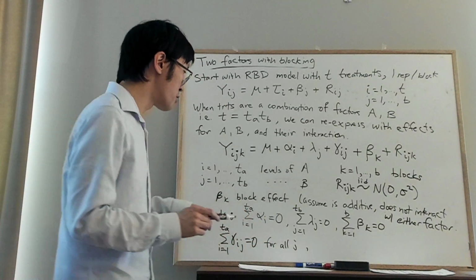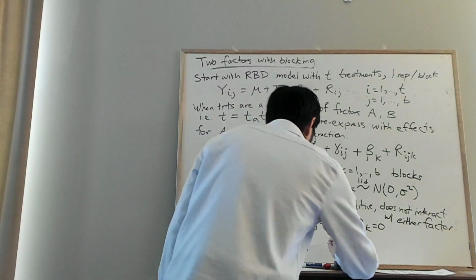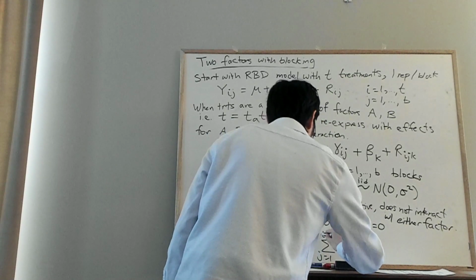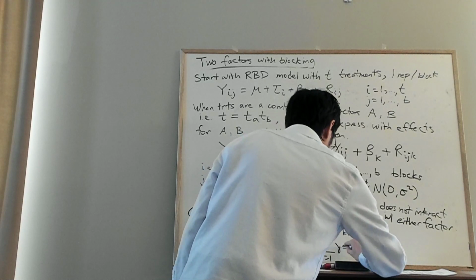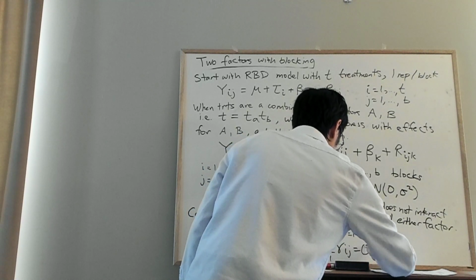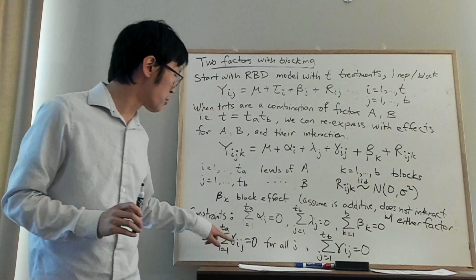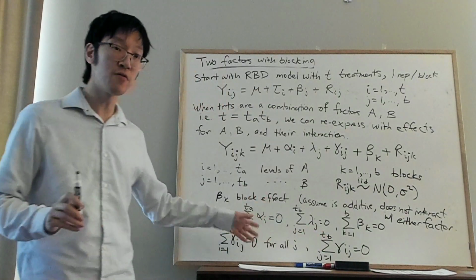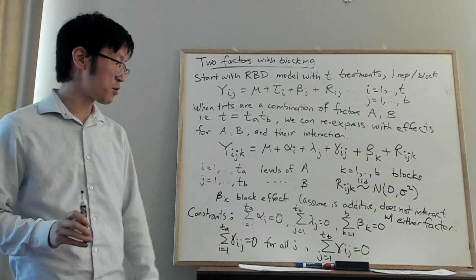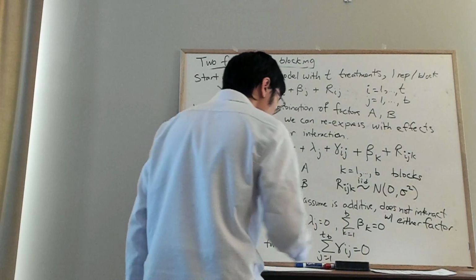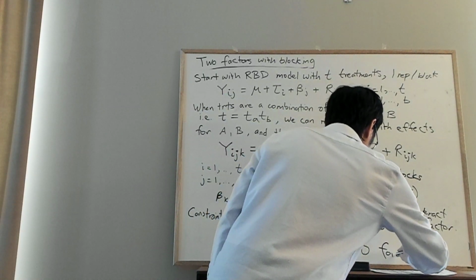If you now sum over j, those interactions also sum to 0 for all i. So gamma ij, pretty easy to remember the symmetry here. No matter which index you sum over, for all values of the other index, the interactions need to sum to 0.